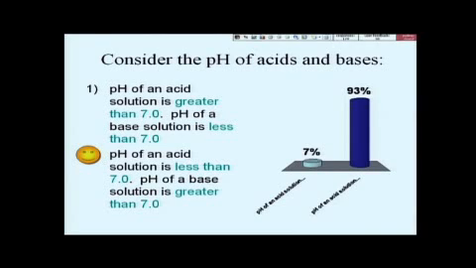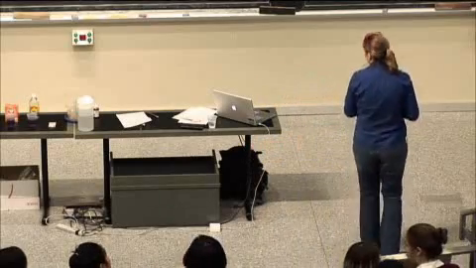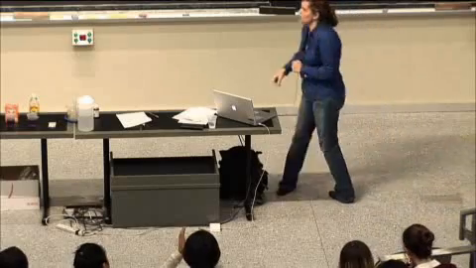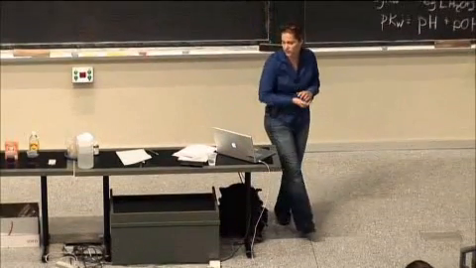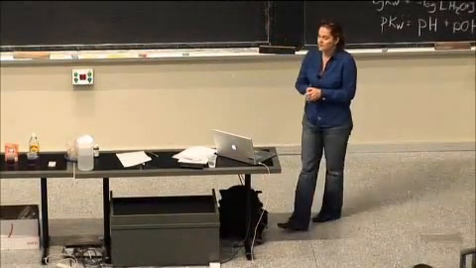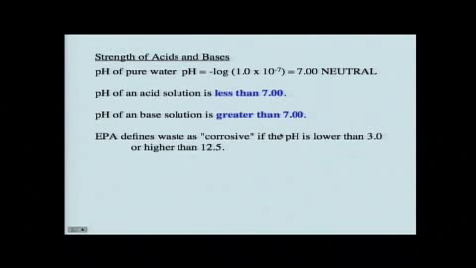So this tests previous knowledge on this topic, and it is very good. People know about what the pHs are. So that's right. So the pH of an acid solution is less than 7, and pH of a base solution is greater than 7.